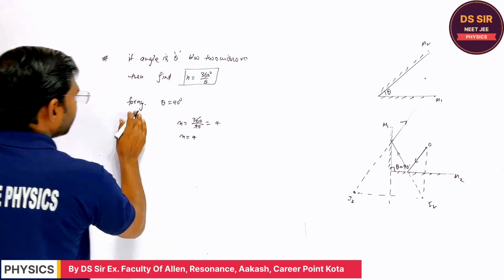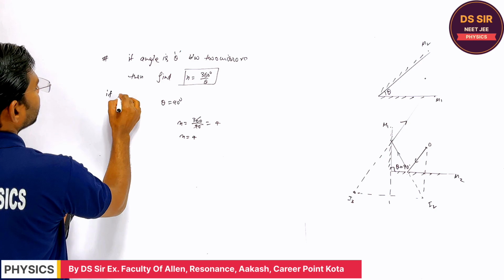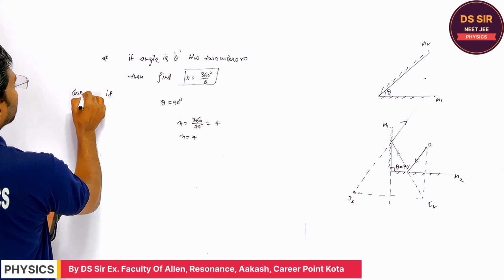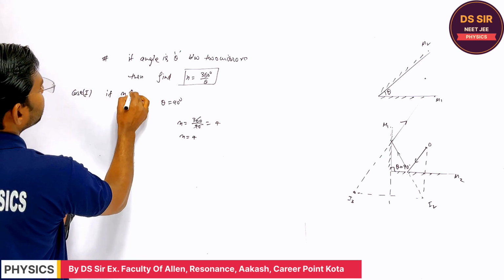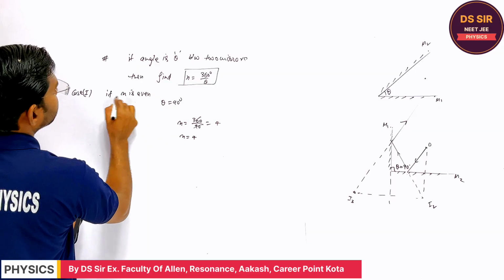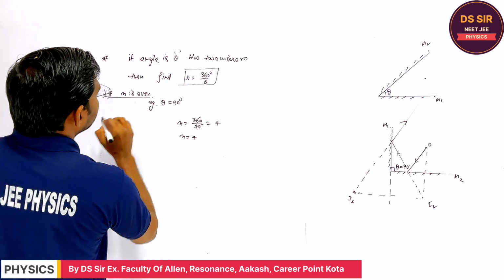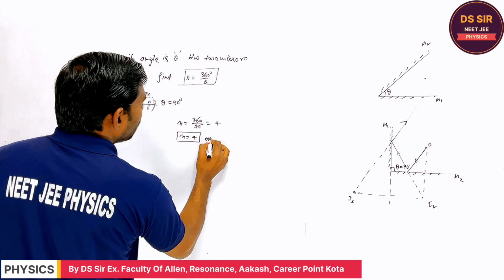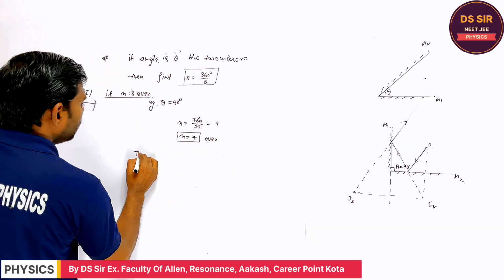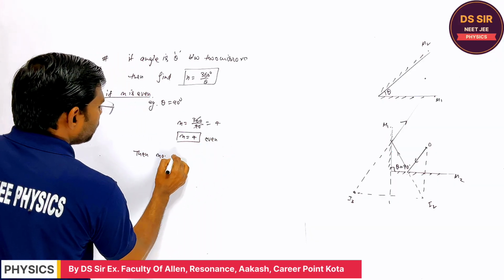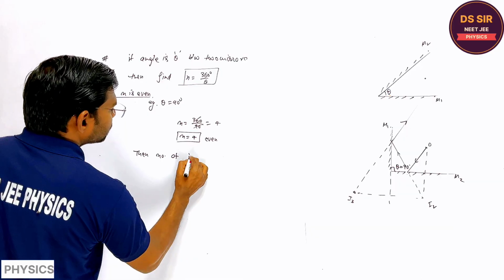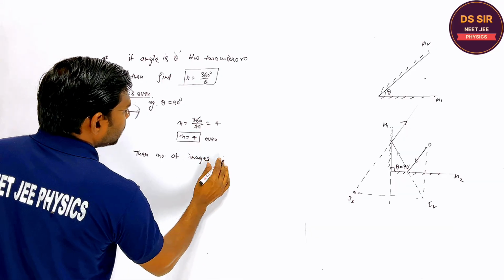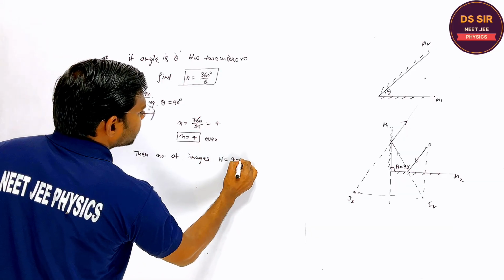N is 4. Listen, one thing: in the first case, if n is even, for example if theta is equal to 90 degree, so n is what? Is it even or not? Then the number of images is n minus 1.